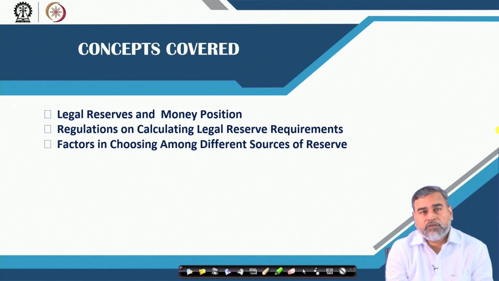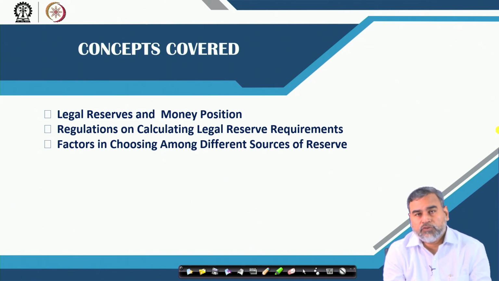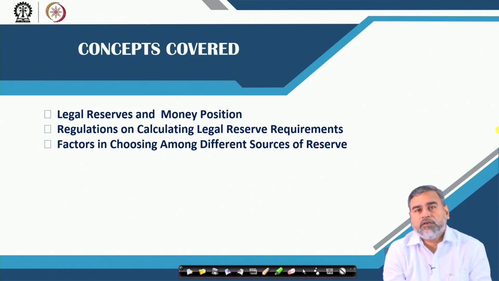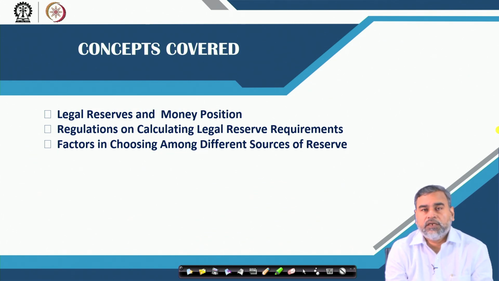We will also look at the factors considered for the different sources of reserve, that is, what the bank should use to maintain its reserve, or what factors determine how much reserve a particular bank should always have at a particular point in time. These are the concepts we are going to discuss in today's session.